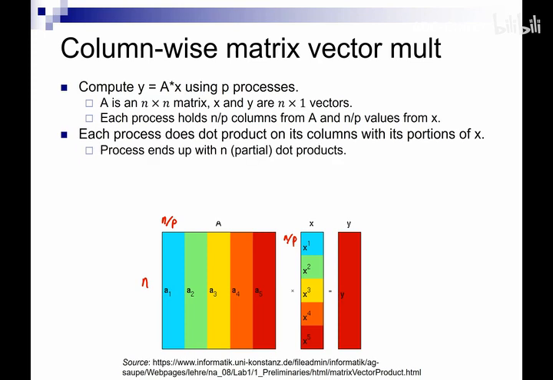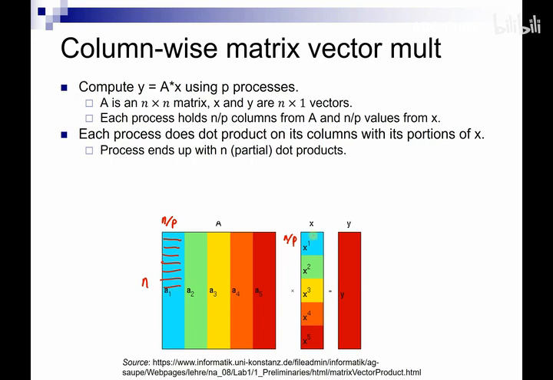Now given this format, how do we do the matrix vector multiplication? Well, the first process has many rows, and each of these rows has n divided by p values.